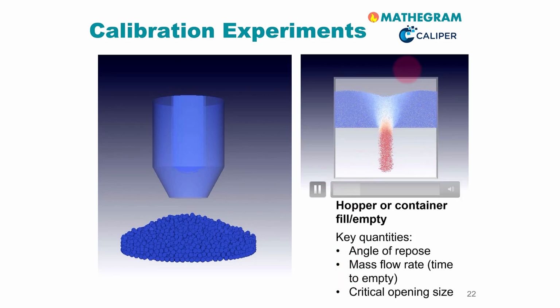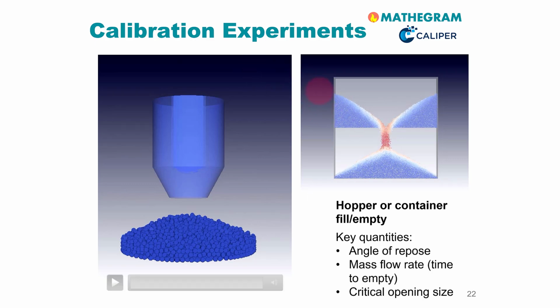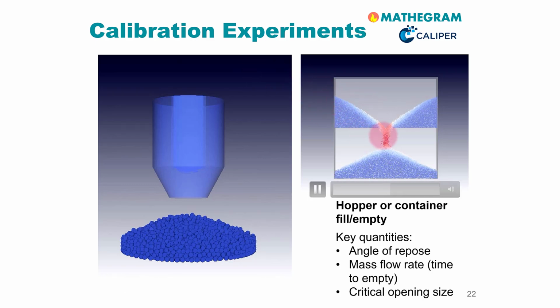As you will see in this experiment, we can easily determine multiple angles of repose. So whether we look at this interface here or this interface, we can define at least two different angles of repose, that of the forming heap and that of the heap that is drained.